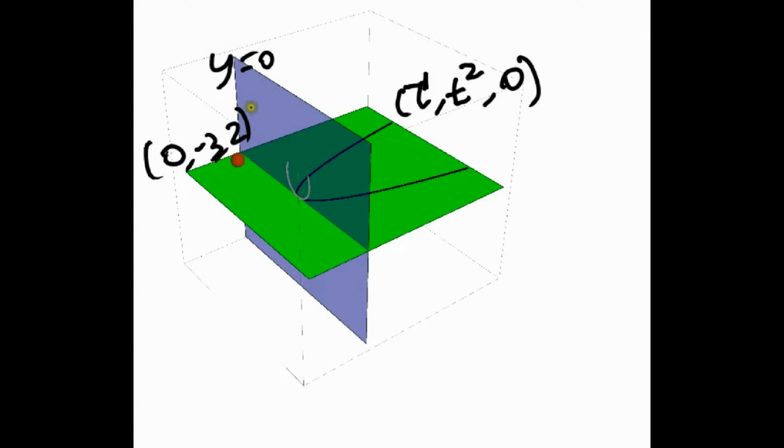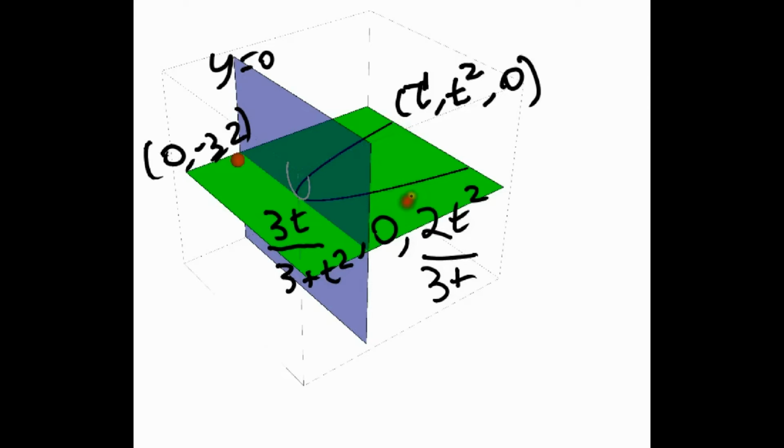And so, in particular, the equation that we get on the picture plane is 3t divided by 3 plus t squared, 0, 2t squared divided by 3 plus t squared.